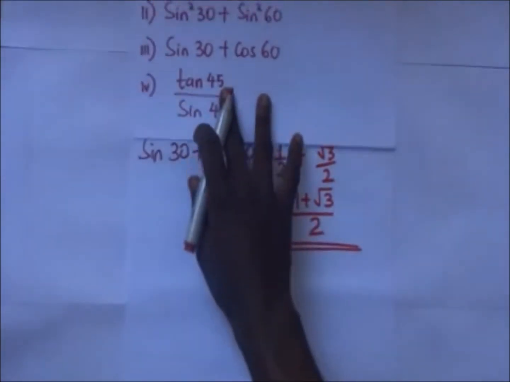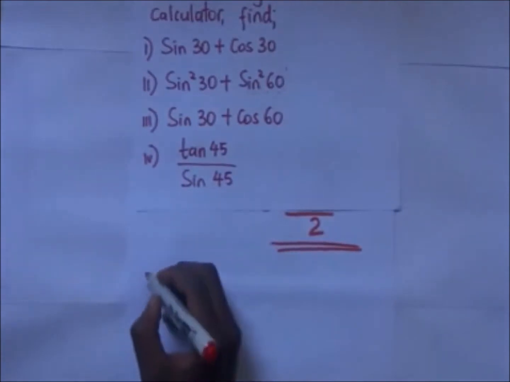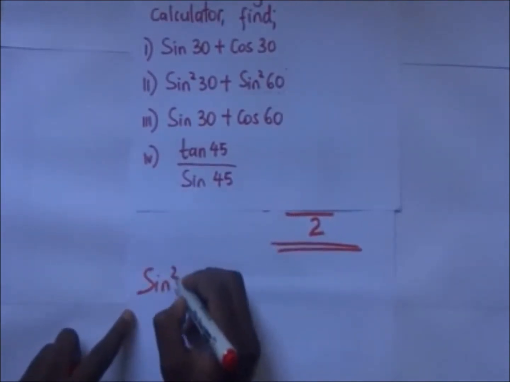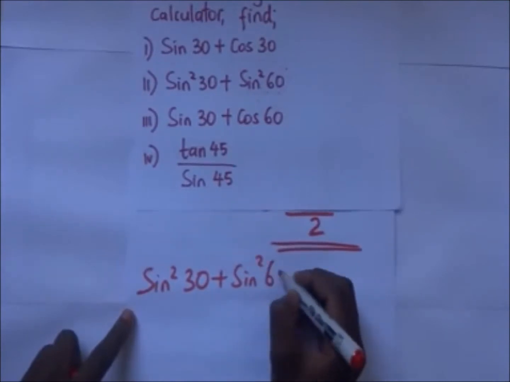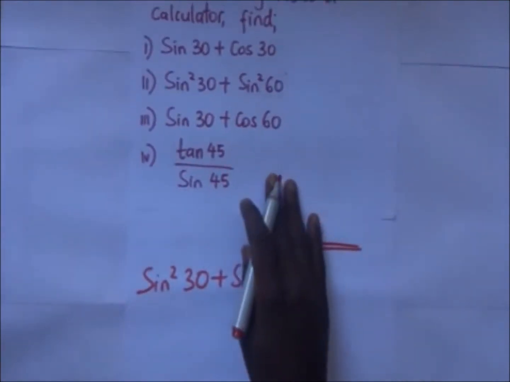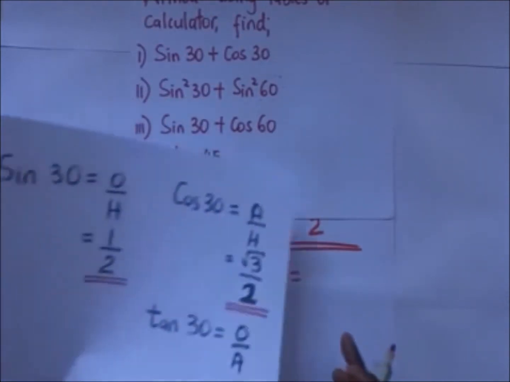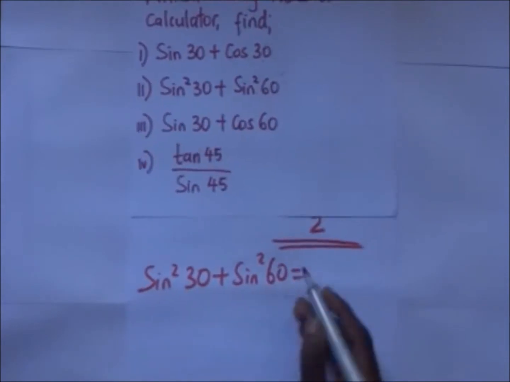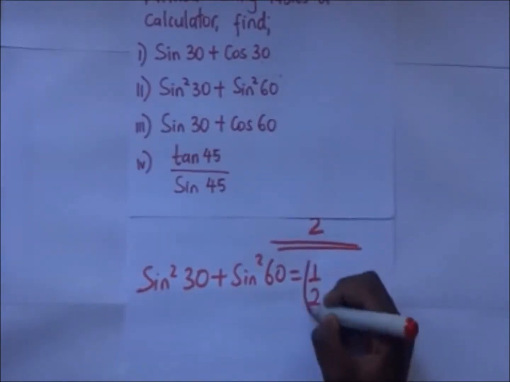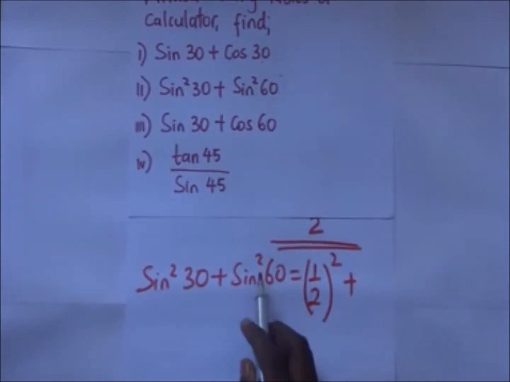Our next question is sine squared 30 plus sine squared 60. So we are going to use the trigonometrical ratios we got for 30. Now sine of 30 is a half, so this is a half squared, plus sine 60 squared.